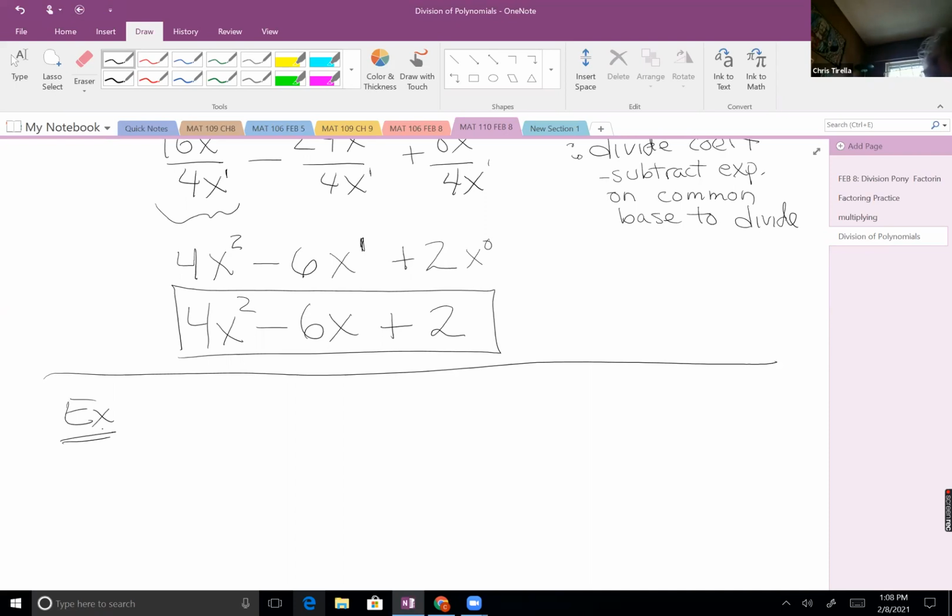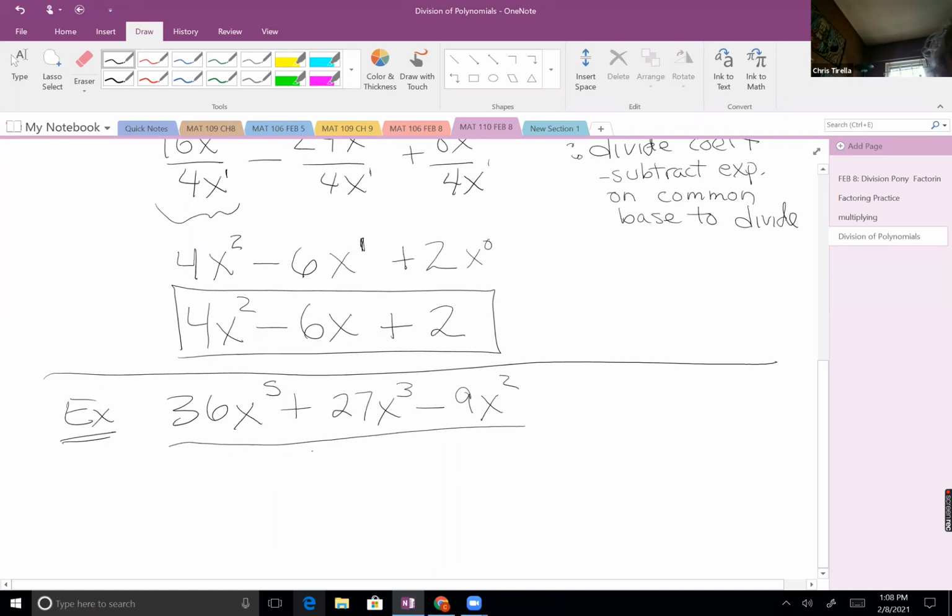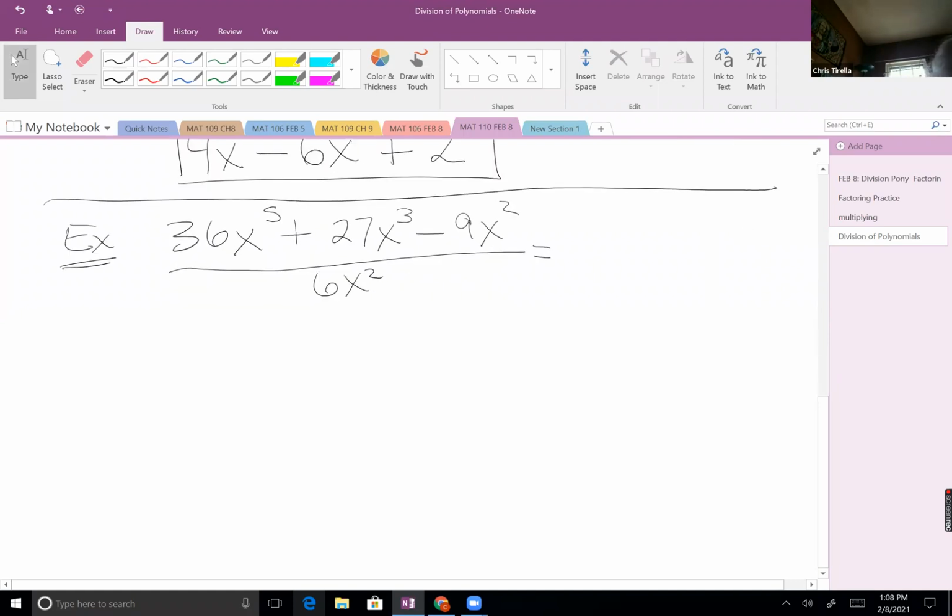Let's take 36x to the 5th plus 27x to the third minus 9x to the second, and divide that all by 6x to the second. And I'm going to shut up and ask you folks to please do that one for me.